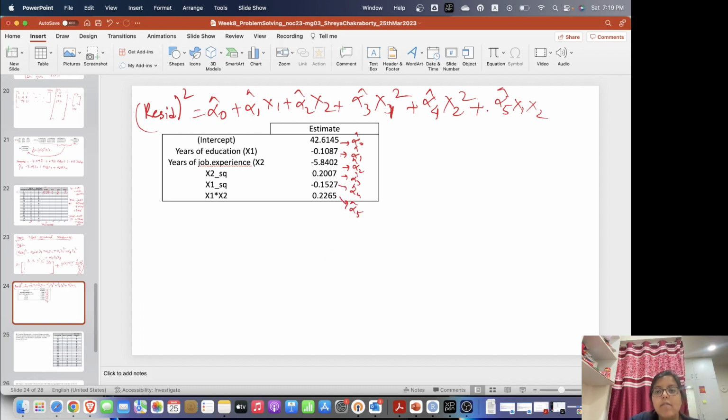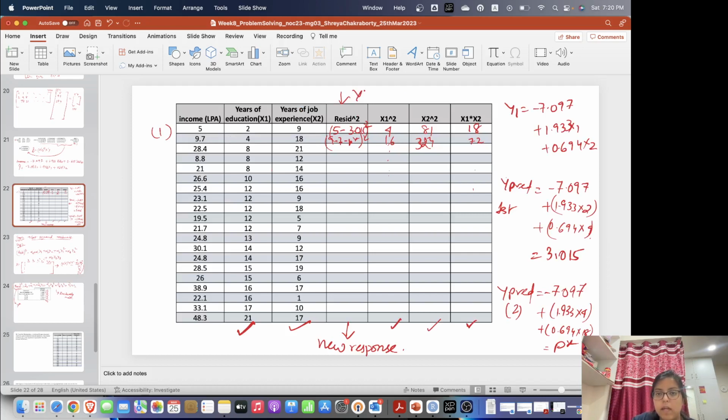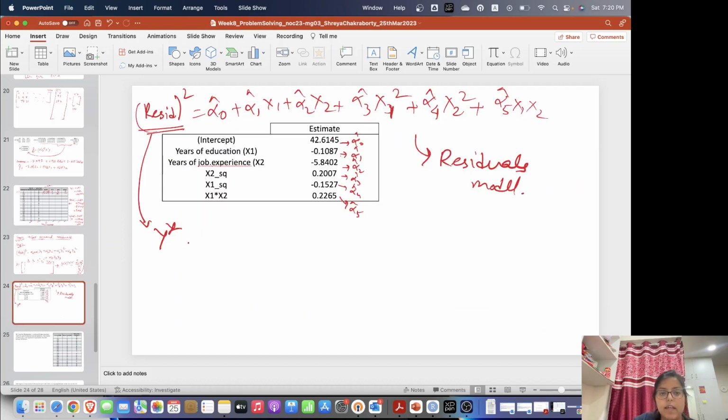So once we have this regression equation, from here we can calculate the residuals from this model. If we name the residual square from the original model as some y star, then y star minus all the predicted y star, substituting all alpha values here and all x1, x2, x1 square, x1 x2 values here, we would get something like this.